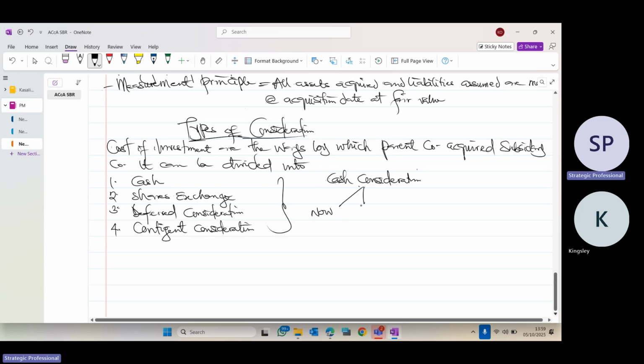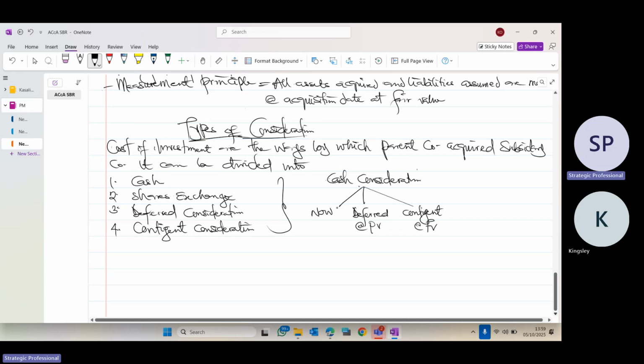It can also be deferred. If it is deferred, it is measured at present value. Then if it's not deferred, it will be contingent. And contingent is measured at fair value.